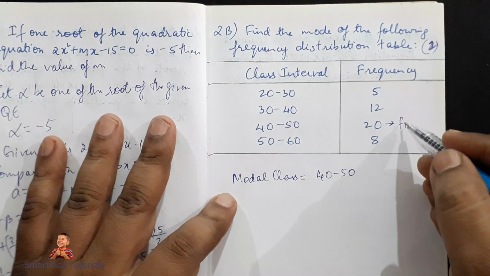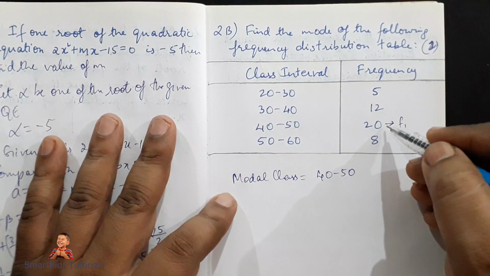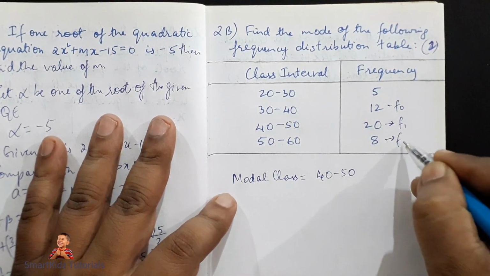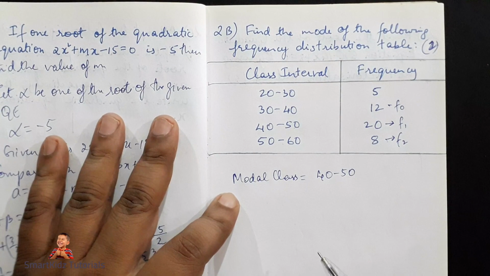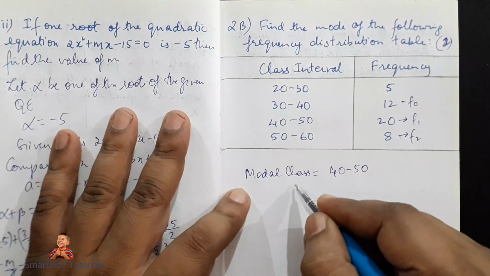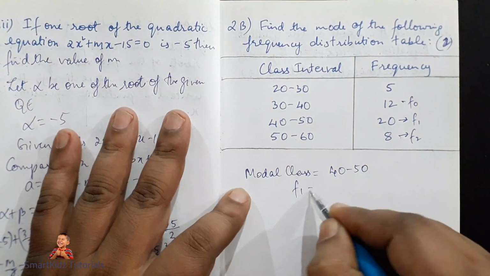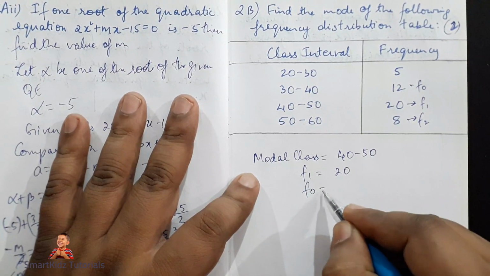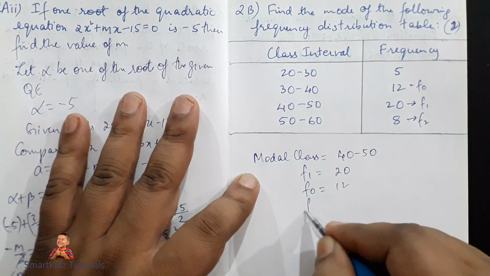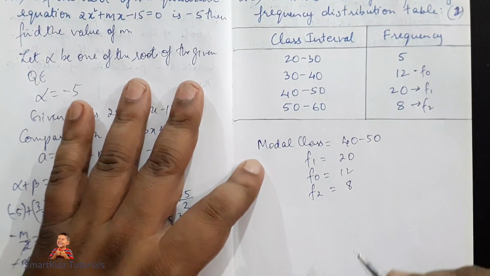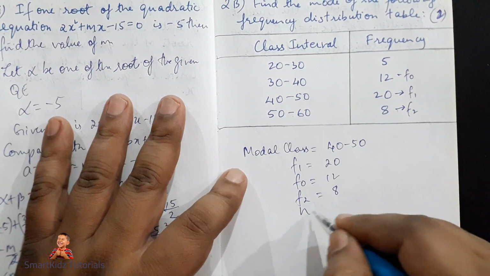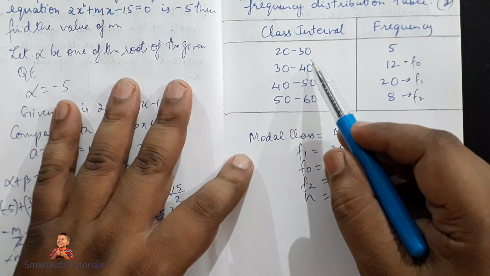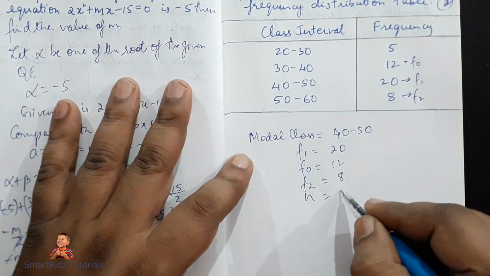So the frequency preceding the frequency of the modal class will become F0, and the one succeeding will become F2. Right? So we write it down over here. So F1 is equal to 20, F0 is equal to 12, and F2 is equal to 8. Also we need the class size. So class size is h, and h is the upper limit minus lower limit, which comes to 10.